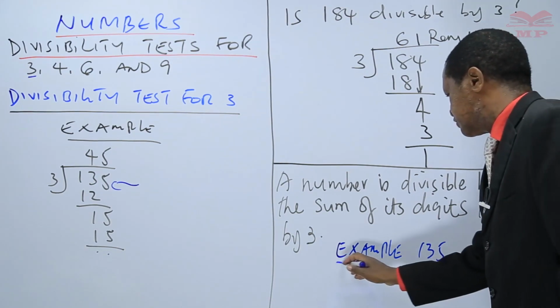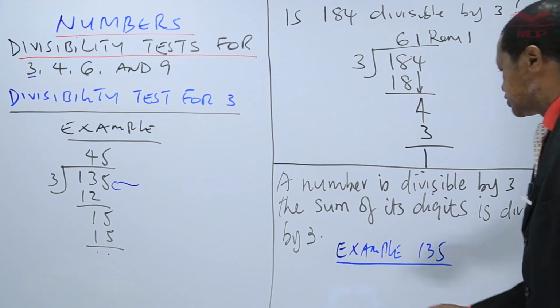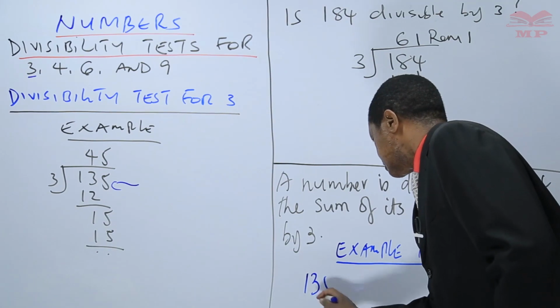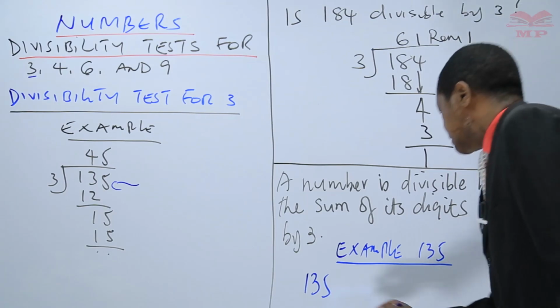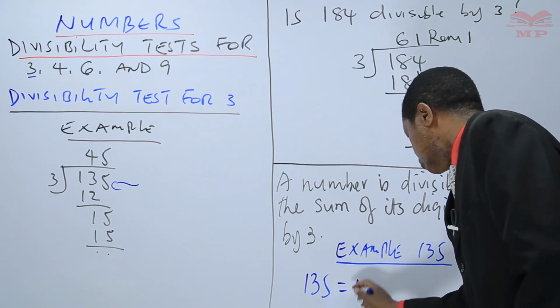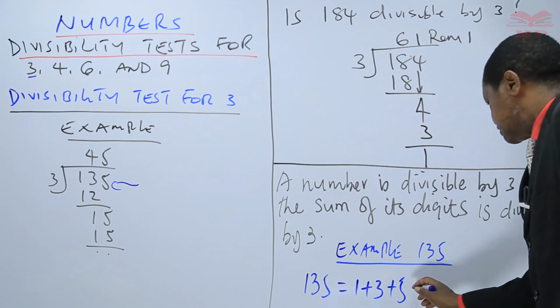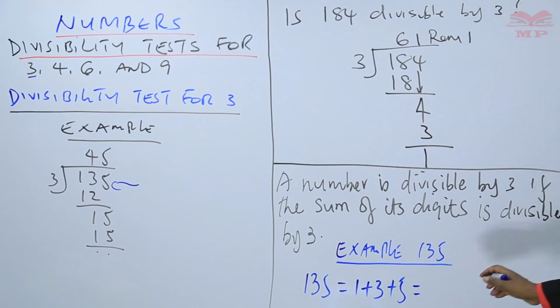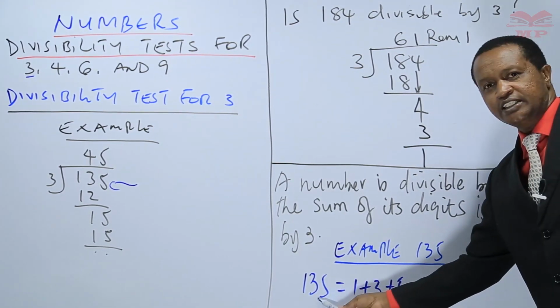The test is you take the digits. These are the digits 1, 3, 5. Get the sum of the digits. The sum means you add the digits. So 1 plus 3 plus 5 is equal to 9. So instead of carrying out long division, you just add the digits.